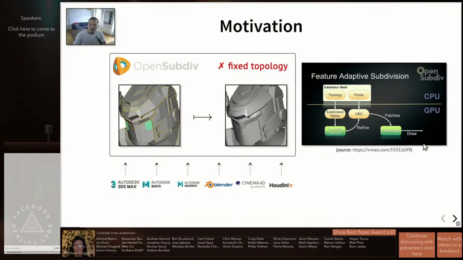It pre-processes the control cage using the CPU, creating a bunch of bicubic patches that can be evaluated analytically to immediately evaluate the limit surface produced by the subdivision. In terms of rendering, it's pretty efficient, but the pre-processing stage is particularly slow.